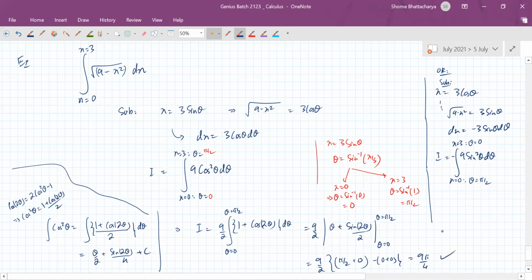So this is the answer you should have got, 9 pi by 4. And proceeding this way also you'll get the same. But here you'll have to substitute sine square theta as 1 minus cos 2 theta by 2 to proceed.